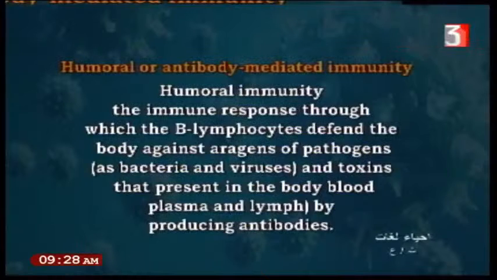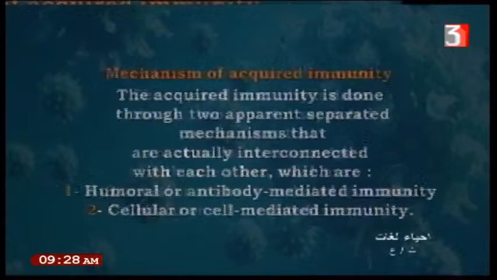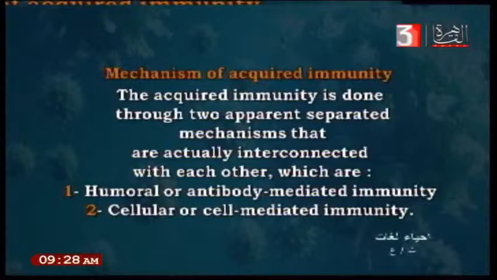If this cell fails to overcome the bacteria, viruses and toxin substance, what happens? The lymphocytes or the lymph produce another type of antibodies which remove this toxin substance.